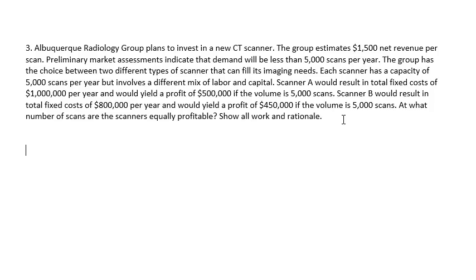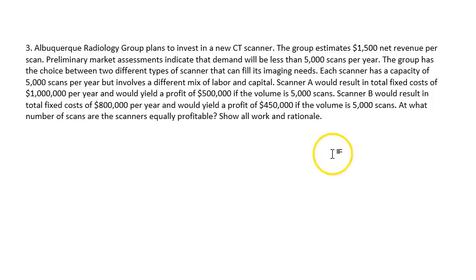But you got to find some information before you can set that up. The big thing that you need to know is your variable costs, which in this scenario doesn't give you the variable costs. You have to figure that out. Luckily, in the previous 2, you already calculated that variable cost per scan at some point in the calculation.